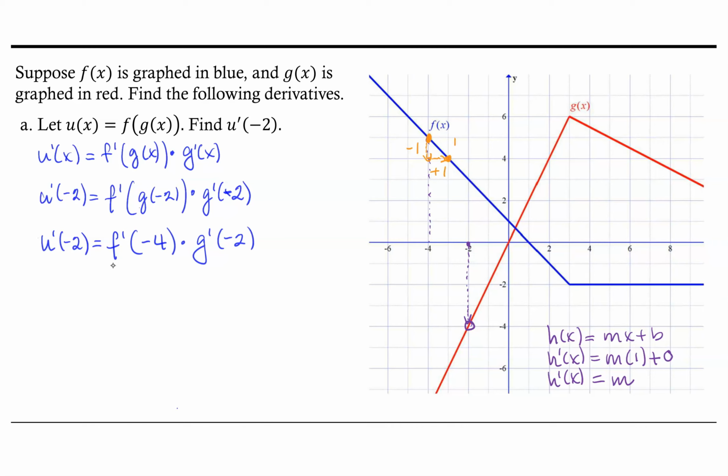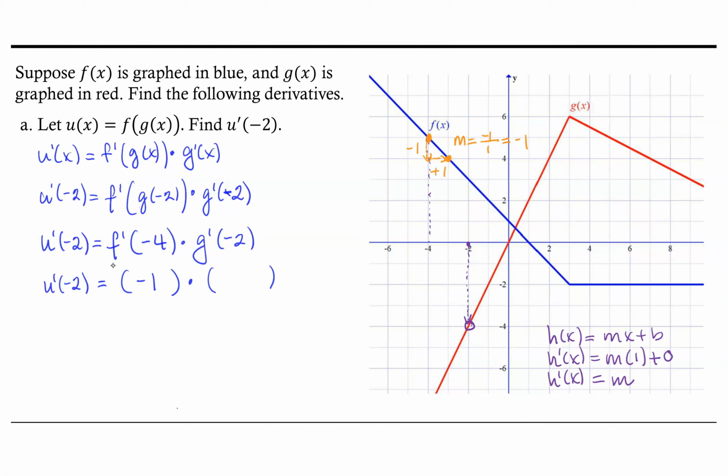So the slope here is -1 over 1, or more simply just -1. So our u prime at -2 is going to be -1 times, and then we need the derivative of g at -2.